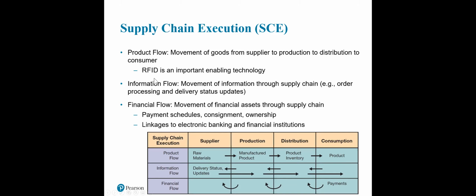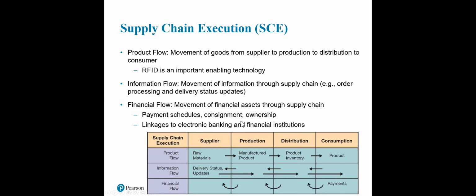RFID technology is an important enabler, but nowadays we can use IoT technology, Internet of Things. Do you remember that? And the information flow is the movement of information through the supply chain. And the last one is financial flow, which is the movement of financial assets through the supply chain.